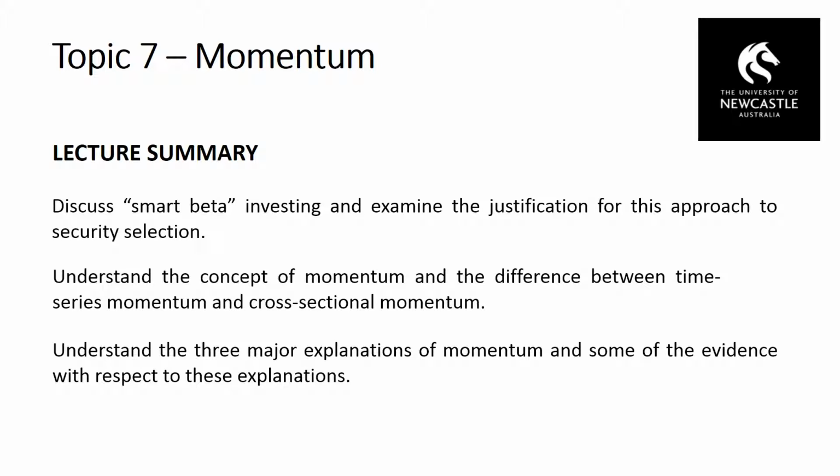Let's say, for example, good news is released regarding a stock. The price will increase by a small amount, but not the full intrinsic value of that positive announcement. Then gradually over the next few months, there will be a price continuation as the price continues to move until it gets to its long-run equilibrium value.